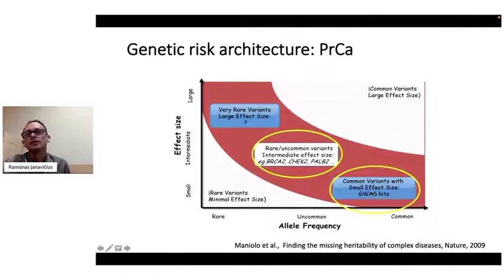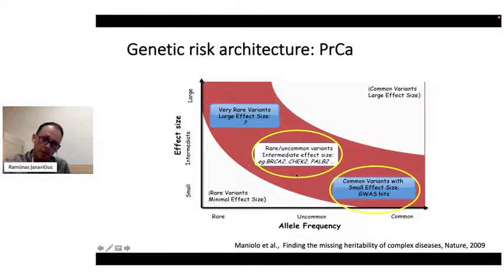However, after summing all these effects, we can have quite significant polygenic risk scores, and that comes from so-called genome-wide association studies, which have been performed for more than 15 years altogether.